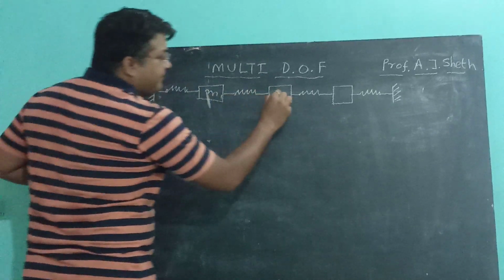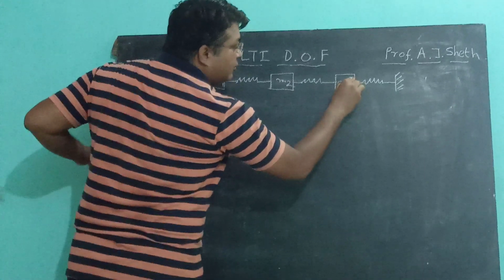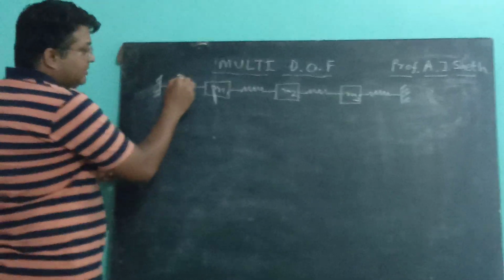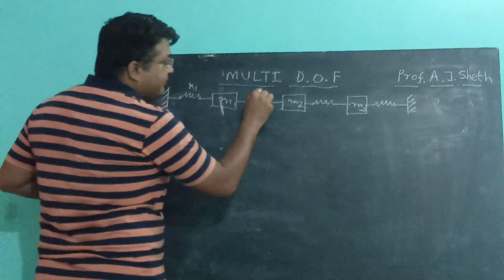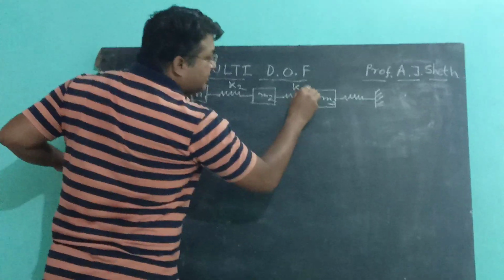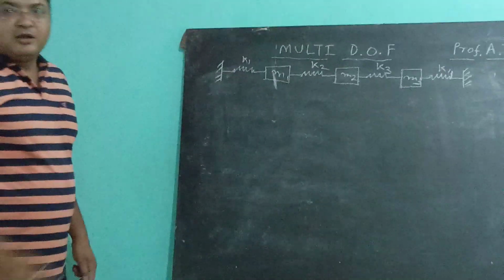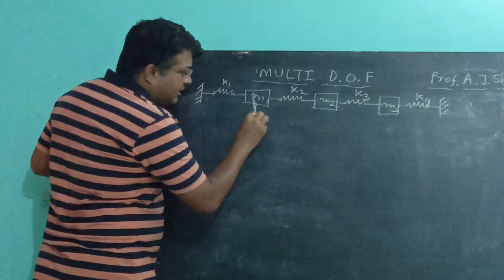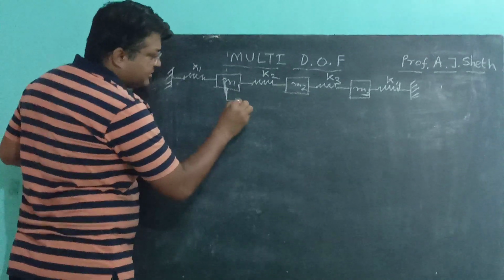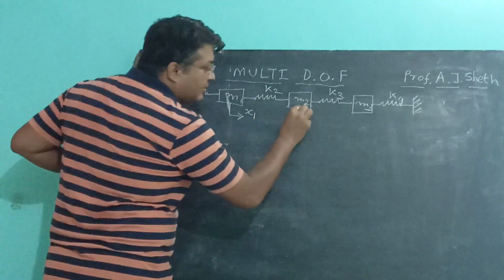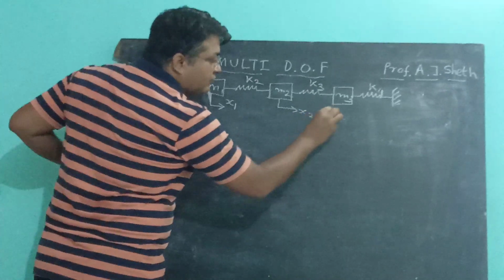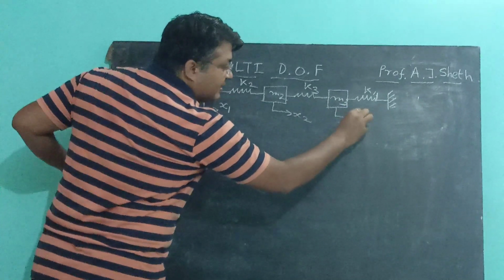Masses M1, M2, M3, and stiffnesses K1, K2, K3 and K4. The displacements of the individual masses are x1, x2, x3.